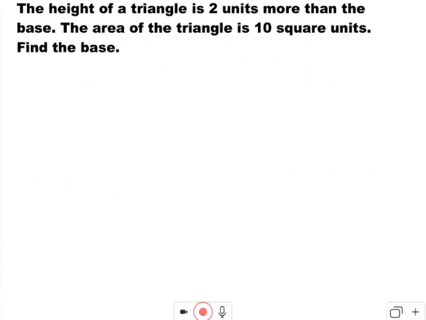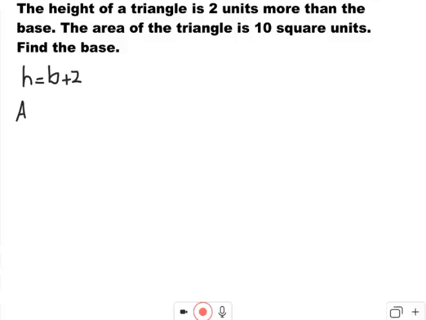The next problem says the height of a triangle is 2 units more than the base. Let's say the height is h, and the base is b, so h is b plus 2. The area of the triangle is 10 square units.